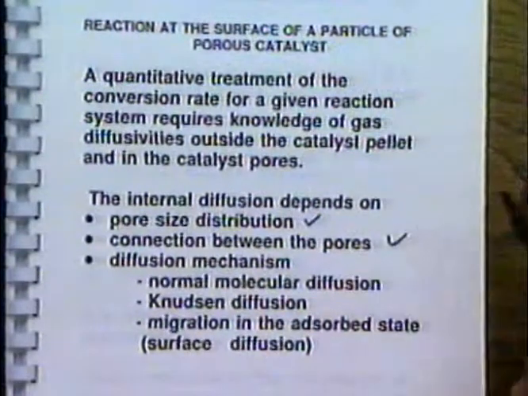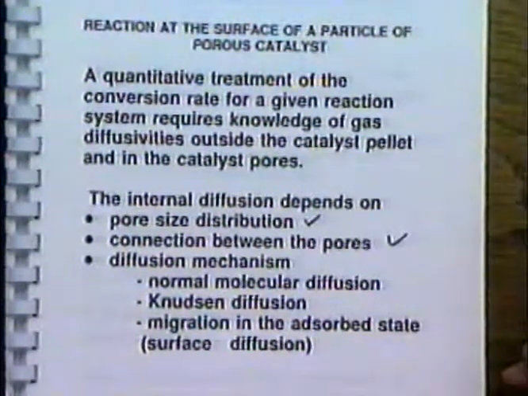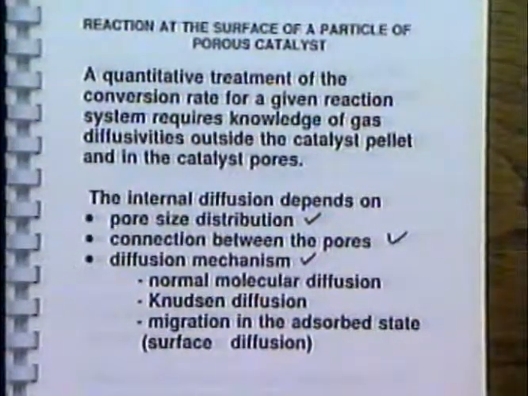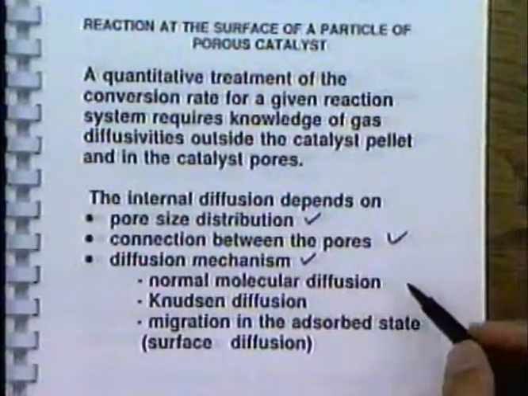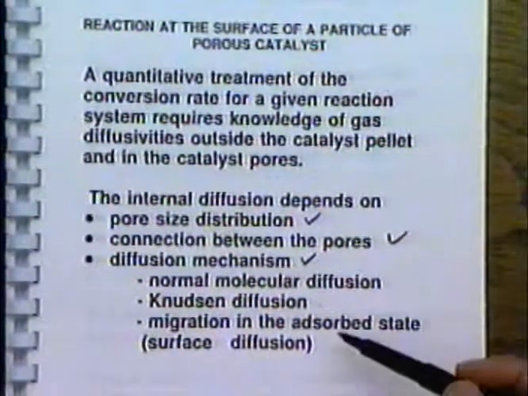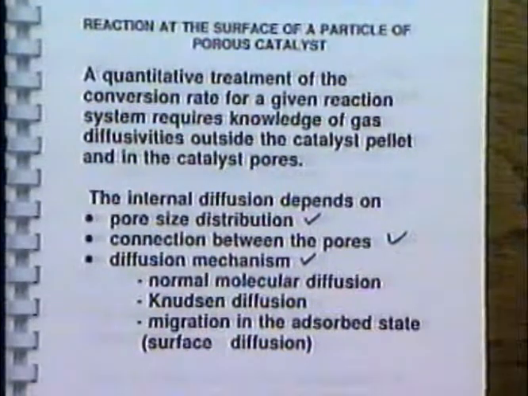This is the so-called texture of the catalyst, the internal structure of the catalyst. It will also depend on the diffusion mechanism. The diffusion mechanism in the pore can be normal molecular diffusion, Knudsen diffusion, or migration in the adsorbed state, also called surface diffusion.